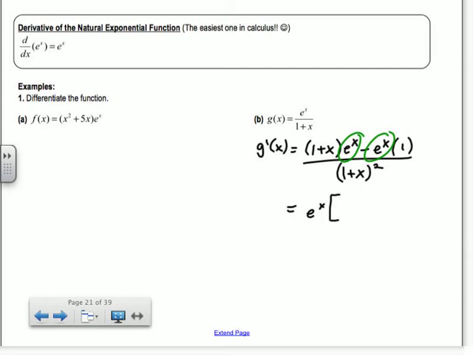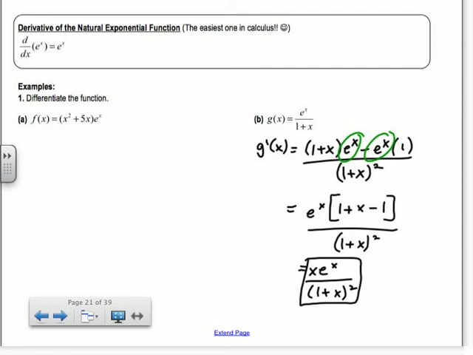You'll always have that e to the x or e to the 2x or whatever it was. So we pull it out to the front. When I do that, I have 1 plus x minus 1 left. So I get e to the x times x, so we write it as x e to the x all over 1 plus x squared. And that's your answer.